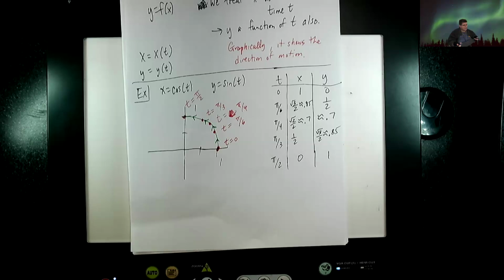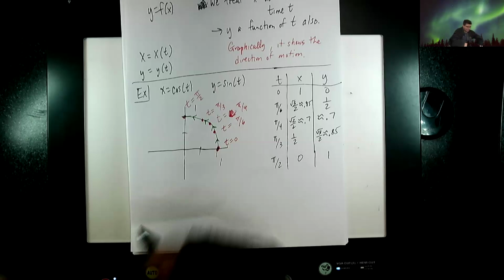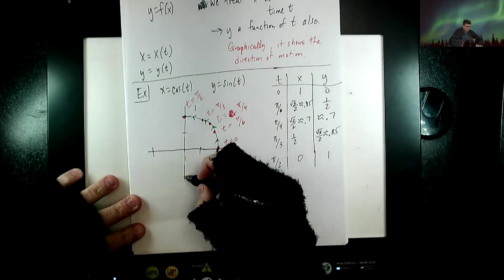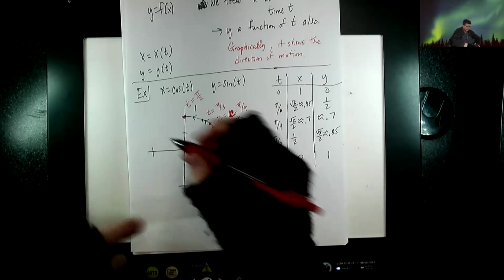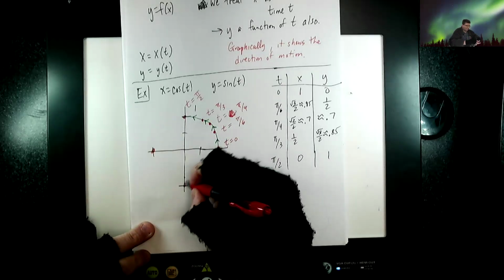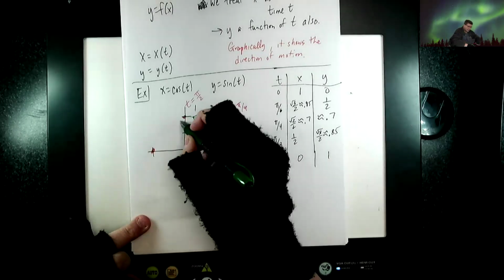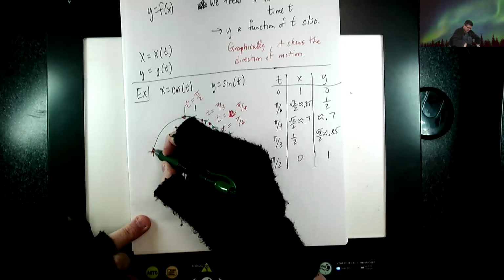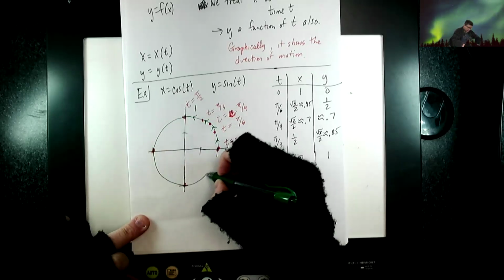So what does this look like it's making? If we do the full circle, it will keep going around and circle around. And at 2 pi, we're back to where we started.